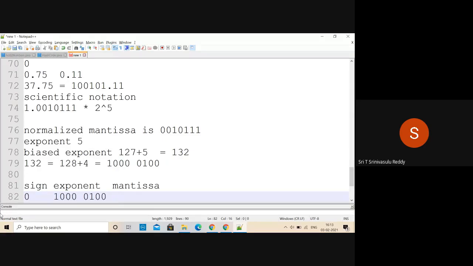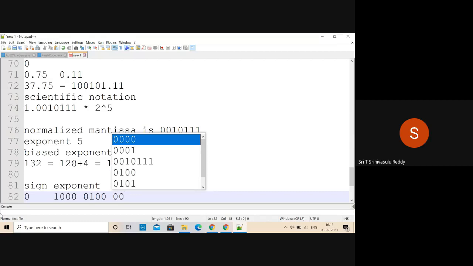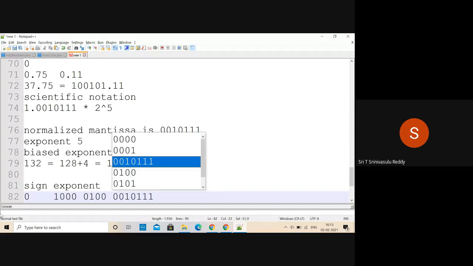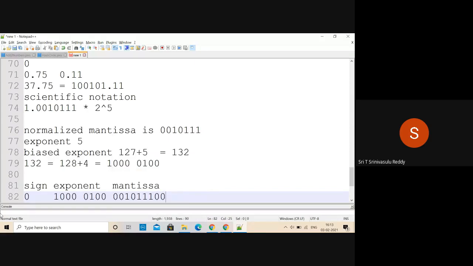Mantissa part: the normalized mantissa is already there, so it is 0, 0, 1, 0, 1, 1, 1, and the remaining bits you have to fill with as many zeros as required. Actually 8 plus 1 is 9, and the remaining 23 bits. Right now we have 7 bits, so to get 23 you have to fill another 15 zeros.